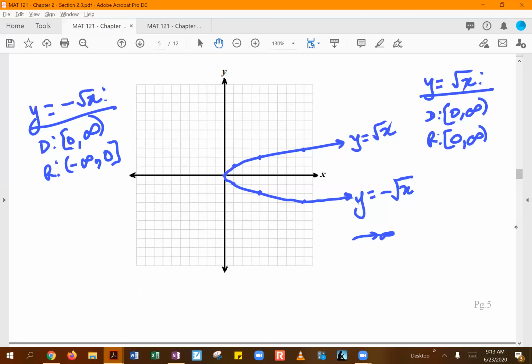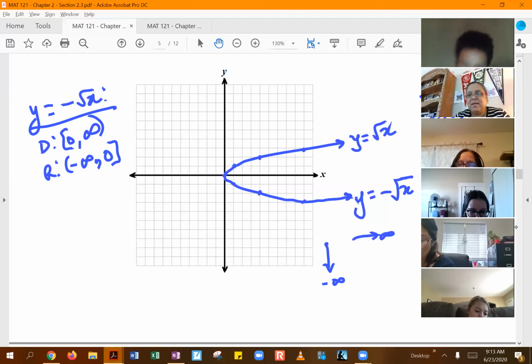Because this arm of our reflection part of the graph is going downwards now, right? So it's starting at 0, but now it's headed downwards, which means it is going down towards negative infinity. And just with the way you write interval notation, we have to put negative infinity first and 0 as our second number.